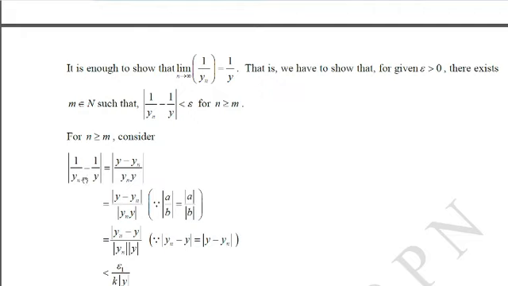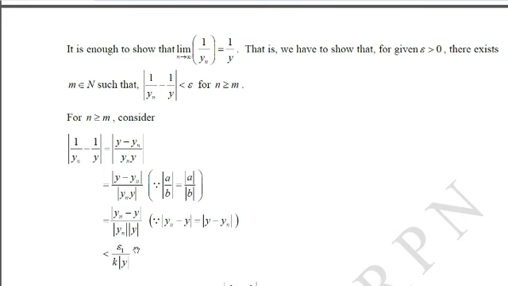Now consider this and take the LCM, and we know that mod a by b can be written as mod a by mod b. We can take the modulus separately, and we know that mod a minus b is the same as mod b minus a. The value will not change because of the modulus. So mod of y minus yn can be written as mod yn minus y. And we know that mod ab can be written as mod a into mod b.